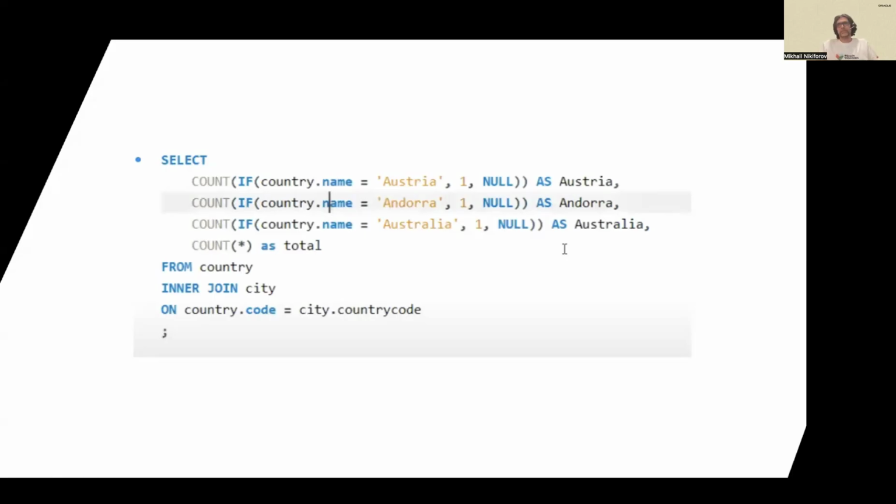And usually the pivoting happens when you need some reports, because usually it's better to work with columns than with column names, but sometimes the business people, for example, say, okay, I want it that way.